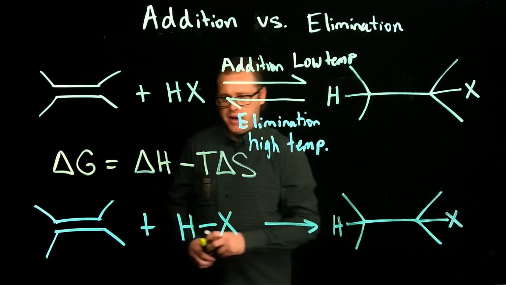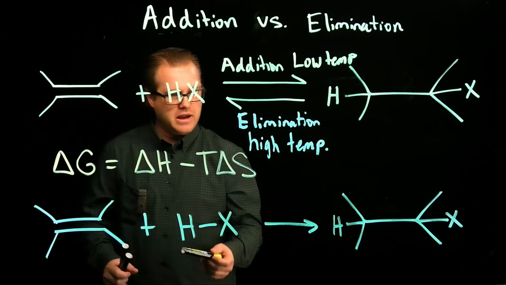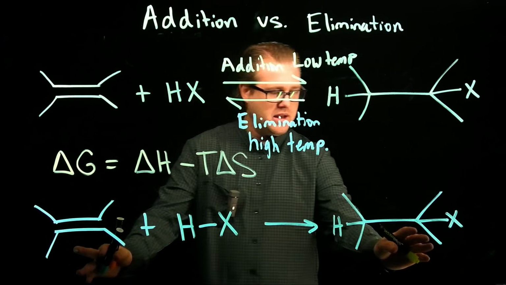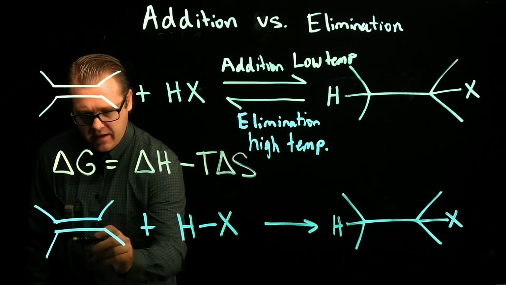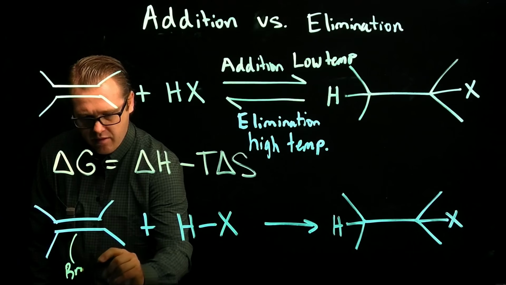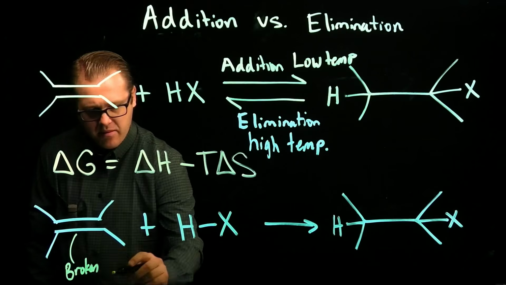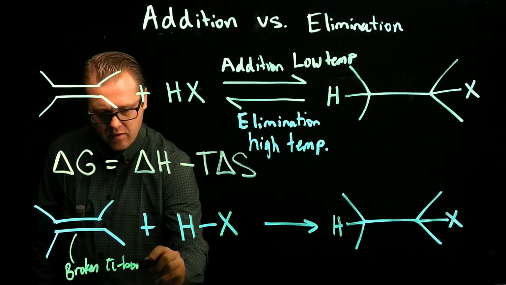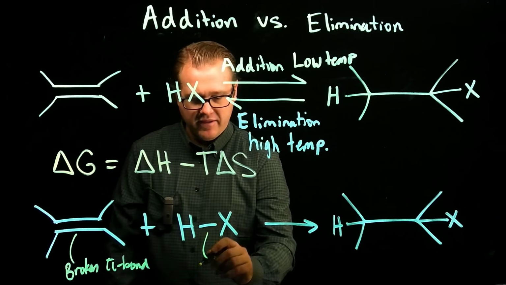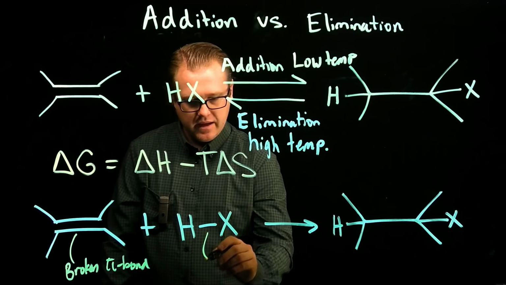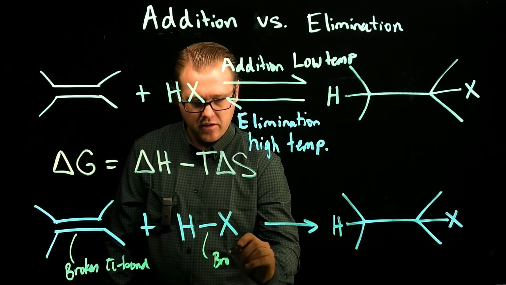What have we done when you look at the starting materials and the products? Well, we have broken a pi bond, and we have to break that bond right there, so we have broken a sigma bond.